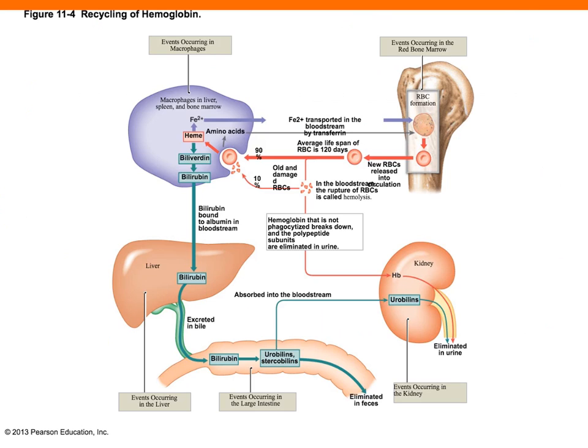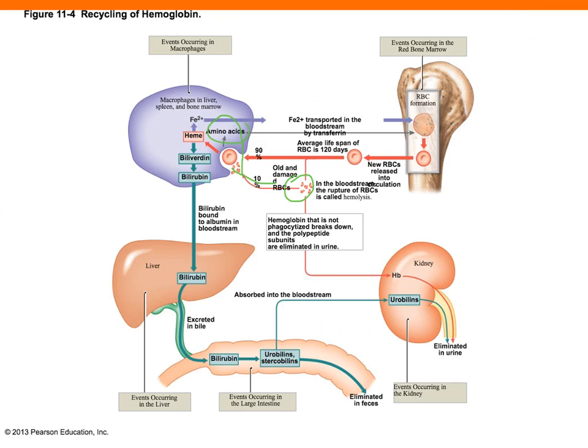So this picture is diagramming what happens to each of the components that we just discussed. Here you have the old damaged red blood cell, so it ruptures. It breaks apart into amino acids, and those are used to make some other proteins.